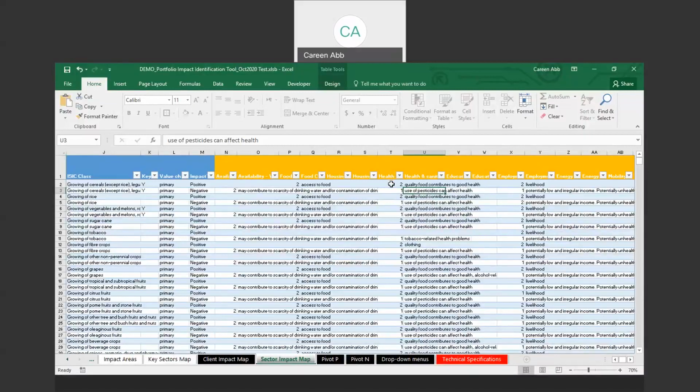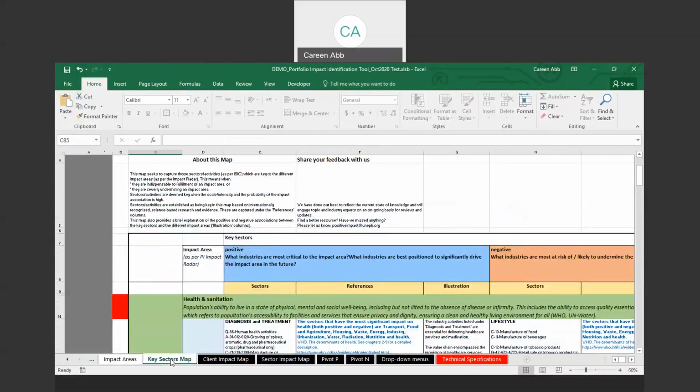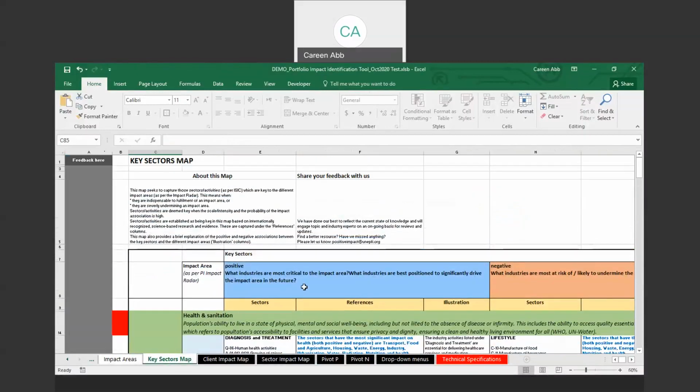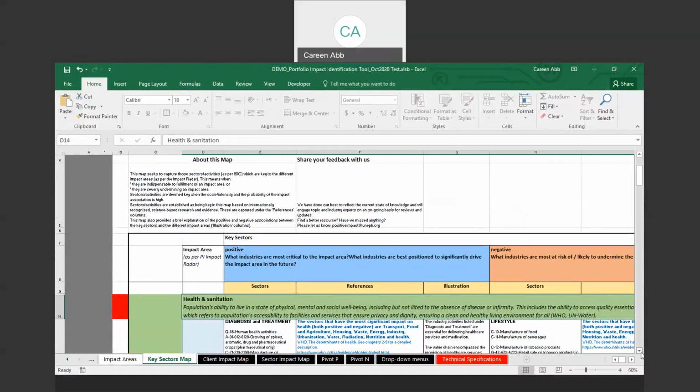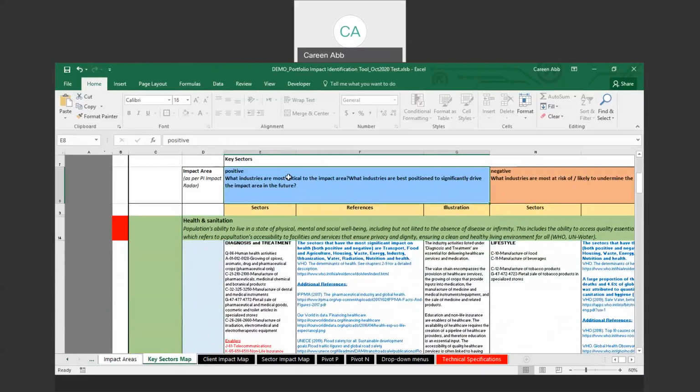As regards the key sectors and why certain sectors are considered key, this is further explained here in the key sectors map. The key sectors map will enable you to see for each impact area which are the sectors that one can consider key, either from a positive perspective, which means that the sector is indispensable for a particular impact area to be realized, or from a negative perspective, which means that the sector is one of the main sectors undermining an impact area.